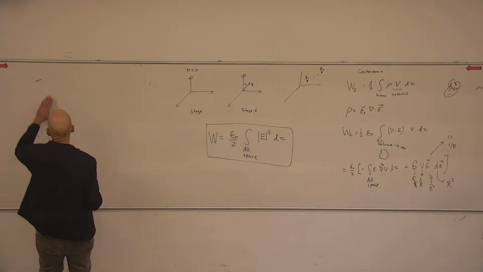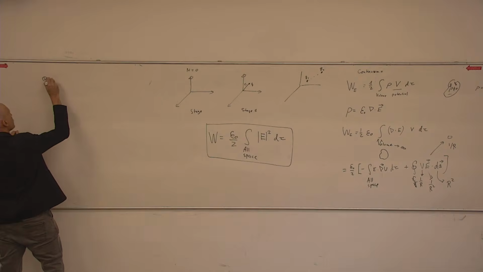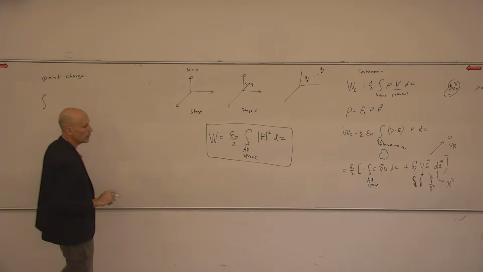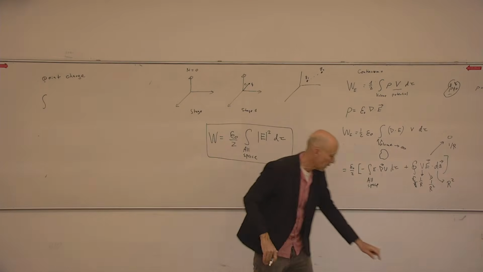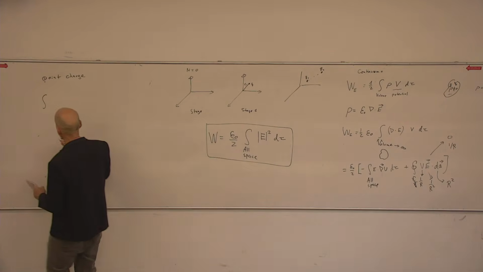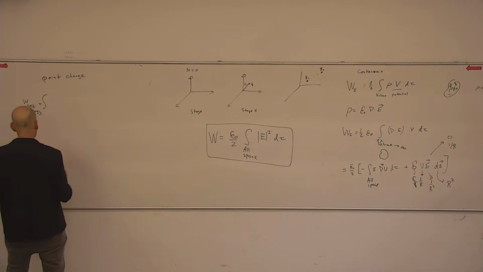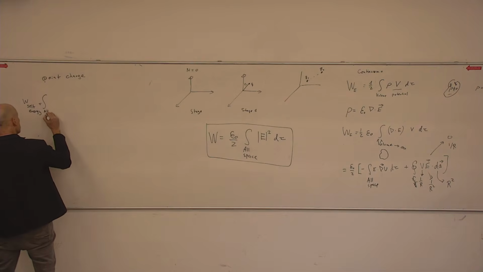But let's go back just to the simple thing. Let's just use this equation. Point charge. Then we just need to integrate the electric field, just so it will be in your notebook. So the W, this is what is called the self-energy of the electron. You integrate over all space, as I mentioned.